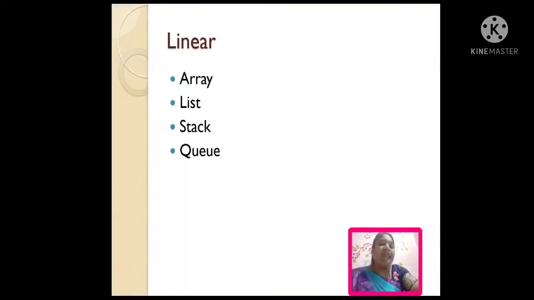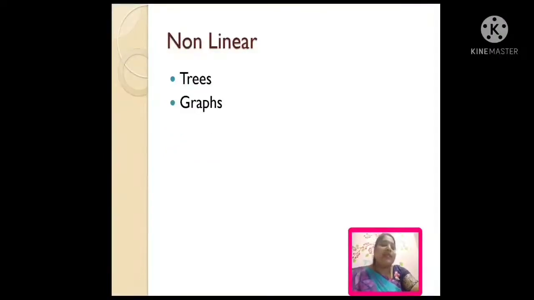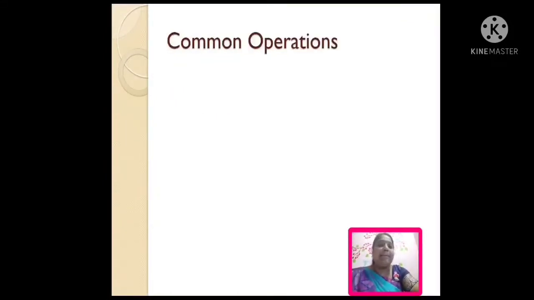We say FIFO. Whoever goes into the area first will be considered first to act. That is what a queue is. Next one is non-linear data structures. Non-linear data structures consist of two types. One is trees and the other is graphs. Trees and graphs we will see in later classes.